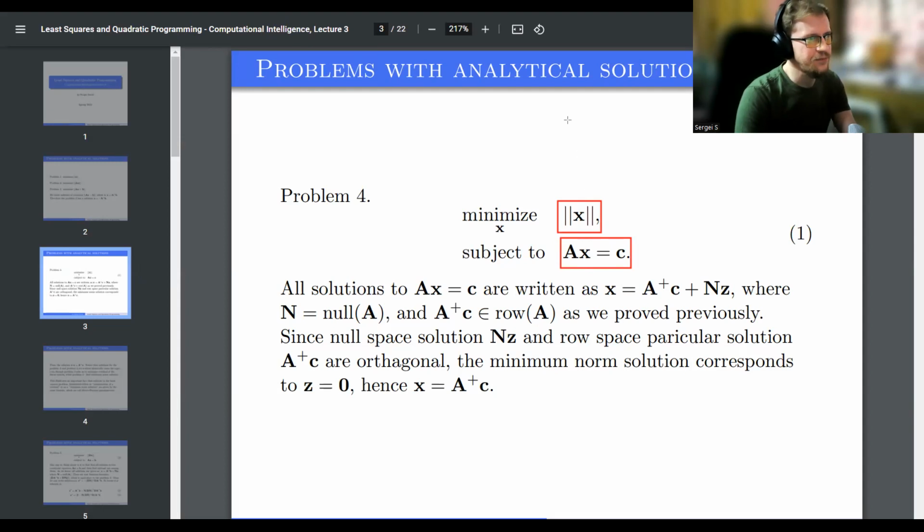equality. In fact, this equality represents what we call a hyperplane. We didn't talk about it yet, but we will soon enough. What do I mean by a hyperplane? Well, if it was Ax equal to 0, this would have represented a linear space, right?